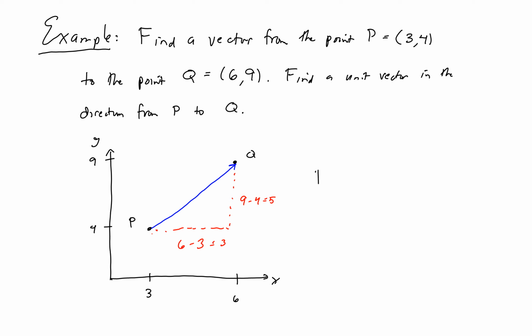So my vector, which we'll write PQ with an arrow over it to say we're going from P to Q, should be the vector (6 minus 3)i plus (9 minus 4)j, which is just 3i plus 5j. So that's my vector from P to Q.